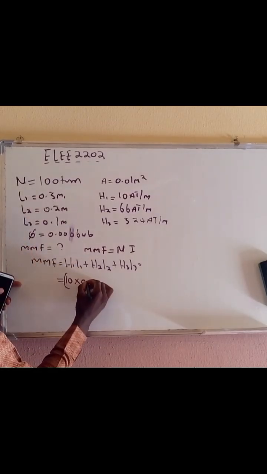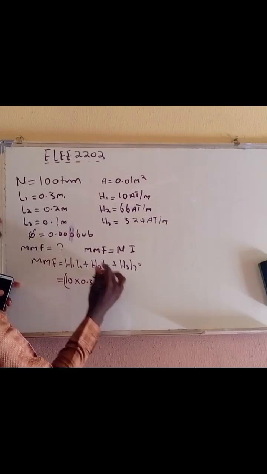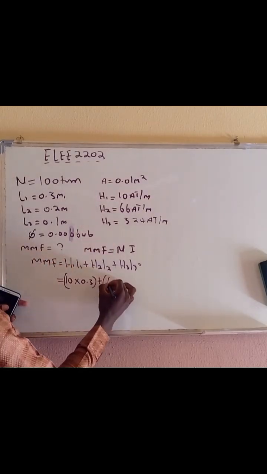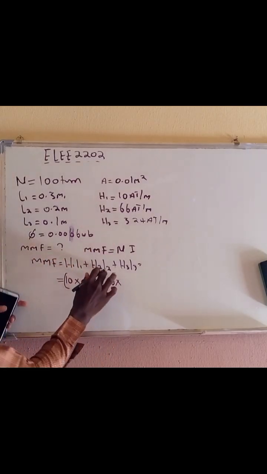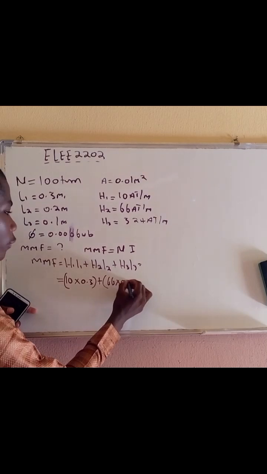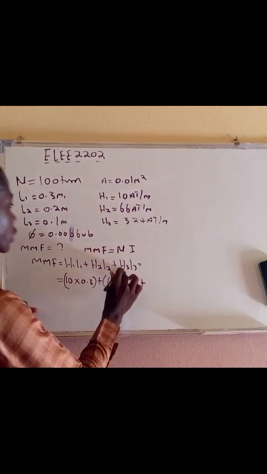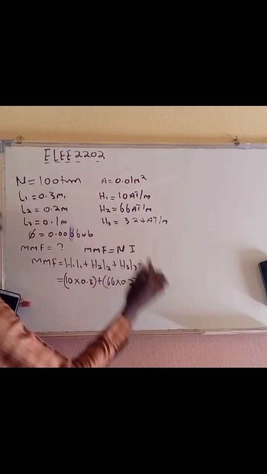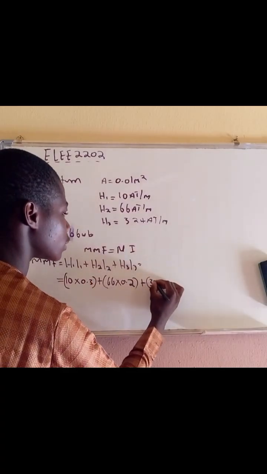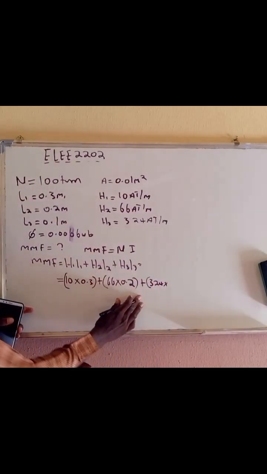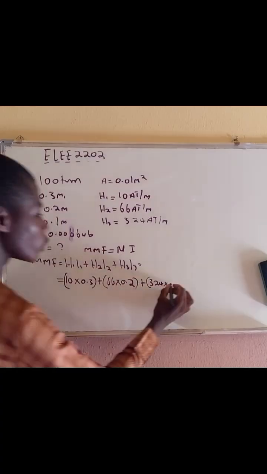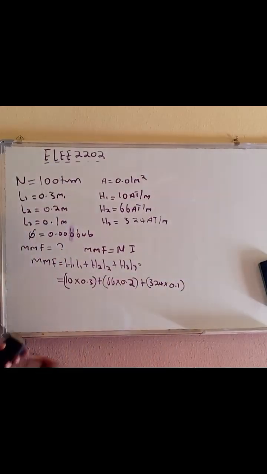So we have our H1, the magnetic field, which is 10 multiplied by the length. We have a length 1, which is 0.3, and then plus H2. We have 66 multiplied by L2, which is 0.2, plus H3. We have H3, 324 multiplied by L3, so we have 0.1.